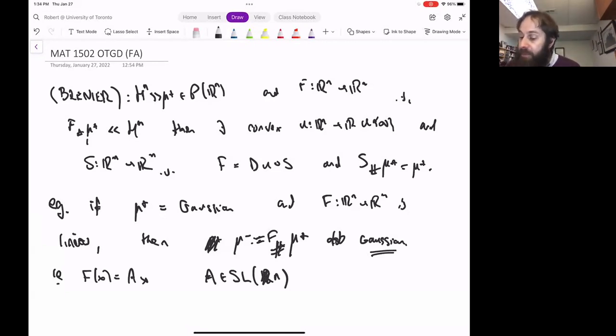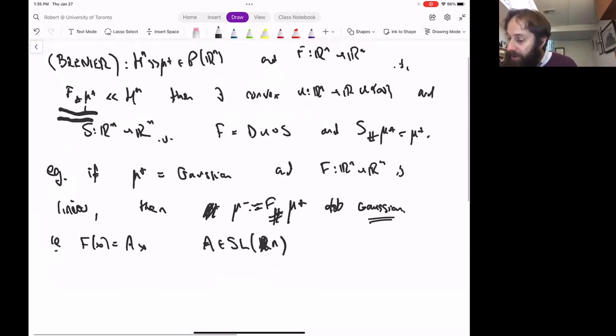And the invertibility of A is exactly what I need for this image to be absolutely continuous with respect to Lebesgue. Otherwise the image is going to be concentrated on a lower dimensional subspace. And then in this case, what Brenier's theorem is telling you is that you can write the mapping AX as this funny composition, but it's going to turn out, we'll see in the proof, that the convex function u is going to be quadratic. So the du is going to be linear, and the S is going to be linear as well.